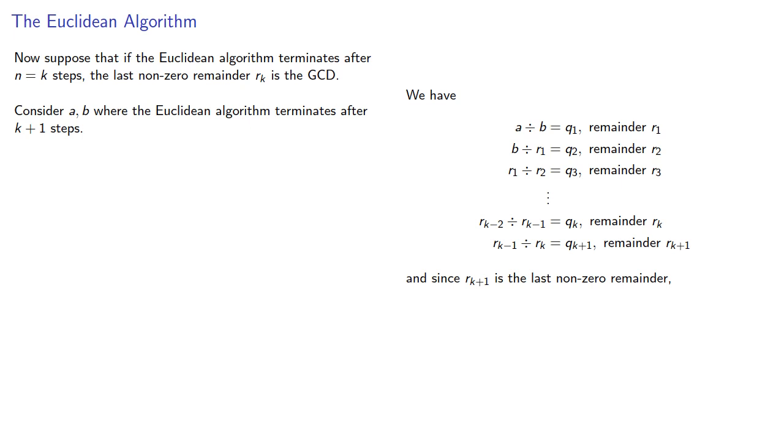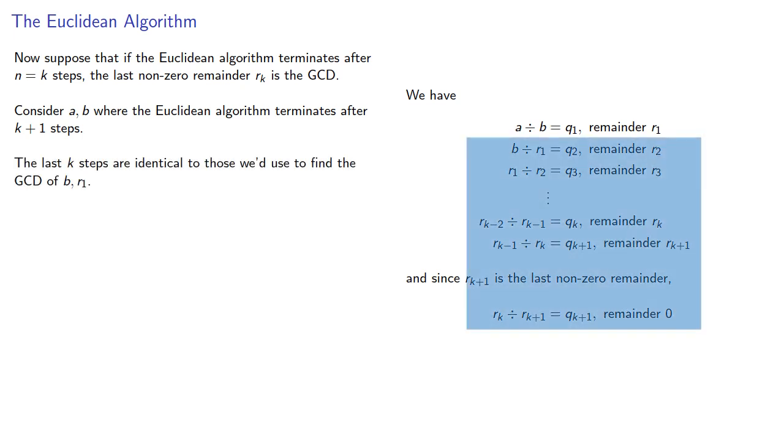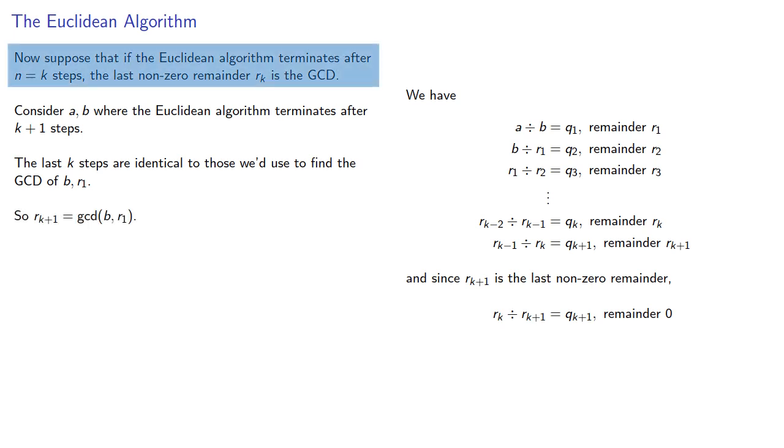So if we divide by it, we get some quotient with a remainder of 0. Notice that the last k steps are identical to those we'd use to find the greatest common divisor of B and R1.